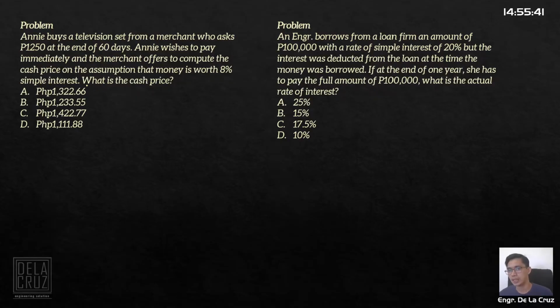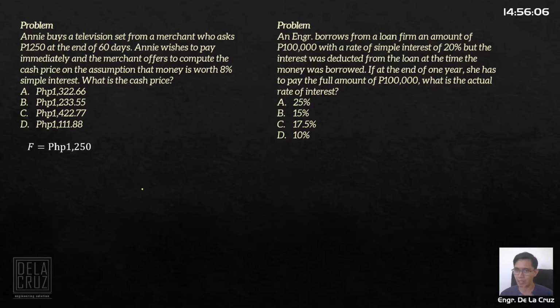What is the cash price? You need to determine ano yung given ha. What is the cash price? Etong 1,250 is yung amount of the television, the TV, at the end of 60 days. So that 1,250 given there is the future amount, after 60 days.